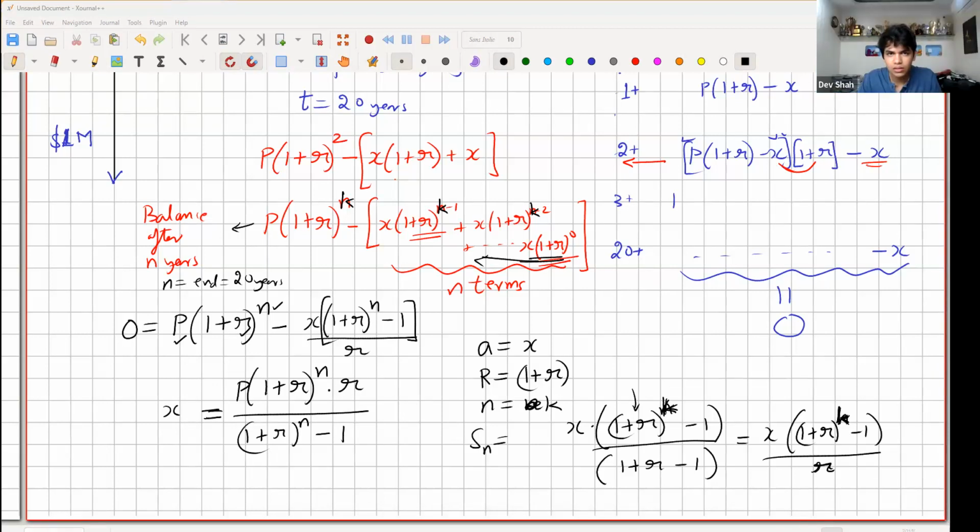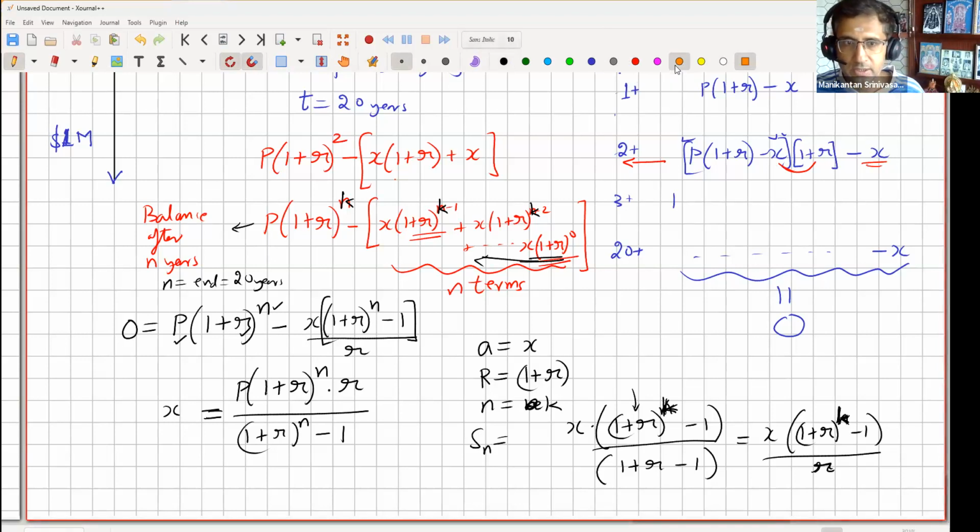R is 6%. We'll stop at this point, right after someone tells me what the answer is. Whoever works it out first, call out the answer, please.